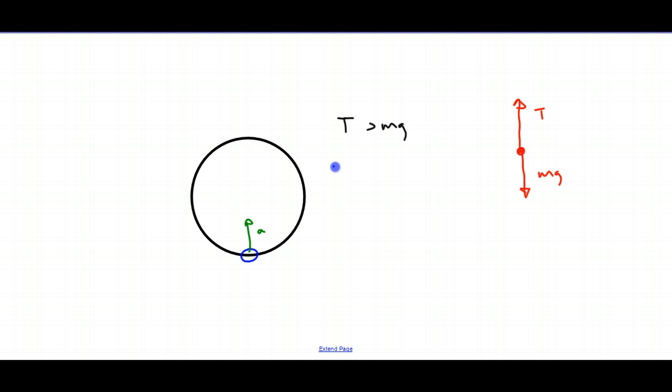So if I were to write my net force, I would say F net equals tension minus mg. But we also know that as we go around in a circle, tension minus mg is going to be equal to the mass times the acceleration, right? That's Newton's second law. But our acceleration is v squared over r.